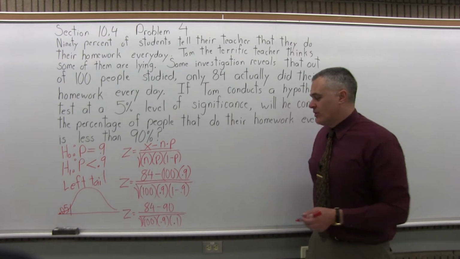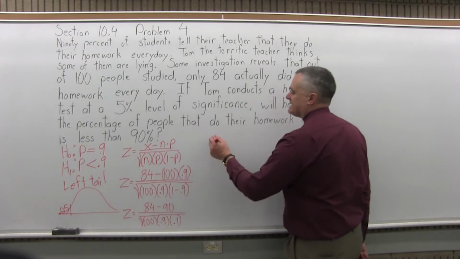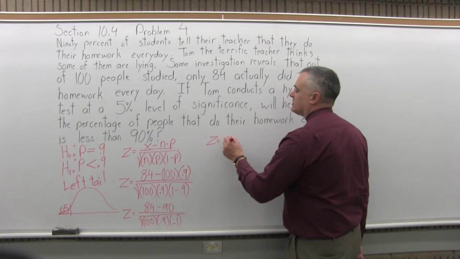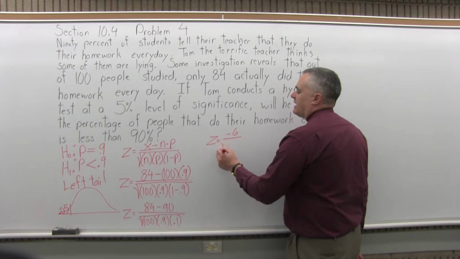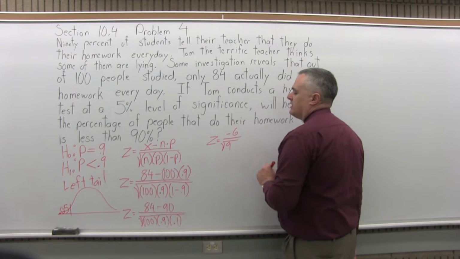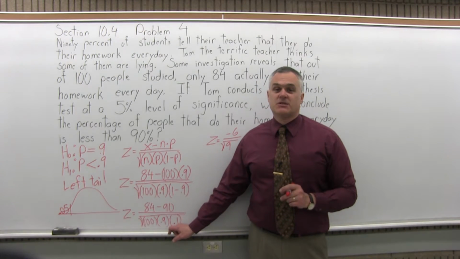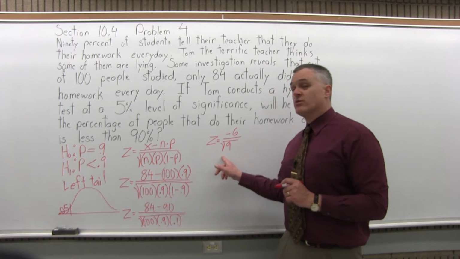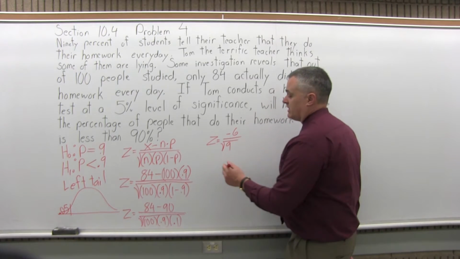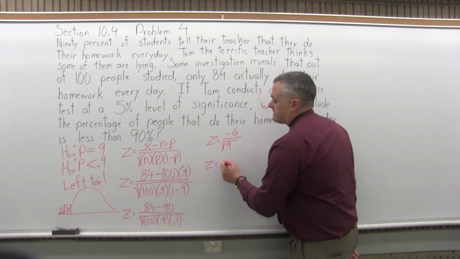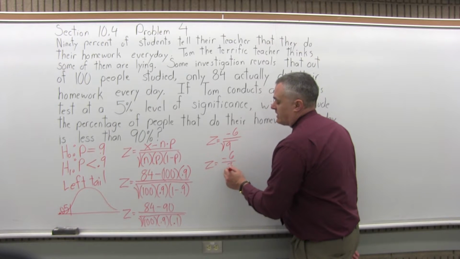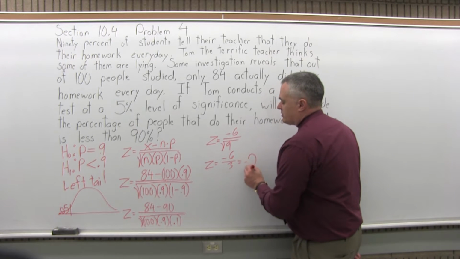Going a little further, the numerator, 84 minus 90, is negative 6. Don't lose a negative. In the denominator, 100 times 0.9 times 0.1 comes out to 9. Don't forget it's still under the square root, so the square root of 9 is 3. So you'll have z equals negative 6 over 3, which reduces to minus 2.